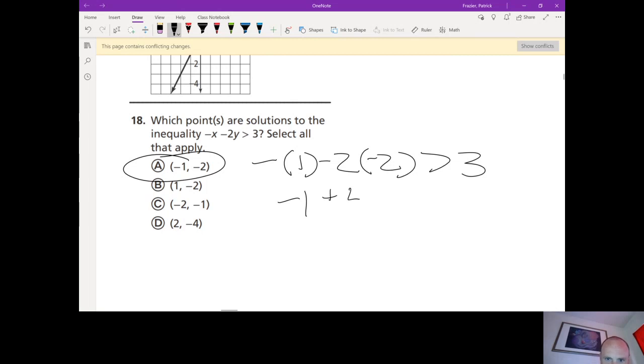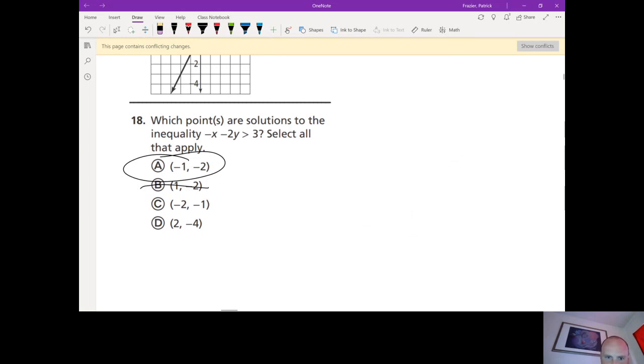So negative 1 plus 4 is 3. That's tempting, but we don't have greater than or equal to 3. It's just greater than, and 3 is not greater than 3. I can't make that noise very well, but the incorrect sound you would hear on a game show is the sound you should be hearing right now. So B as in Bravo is not correct.